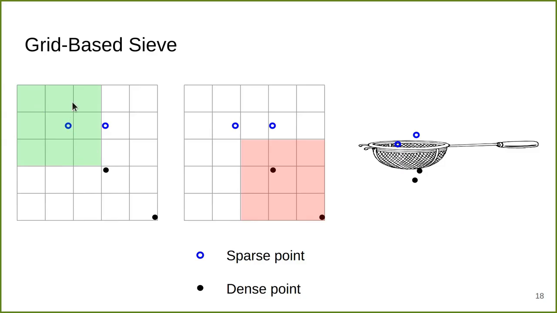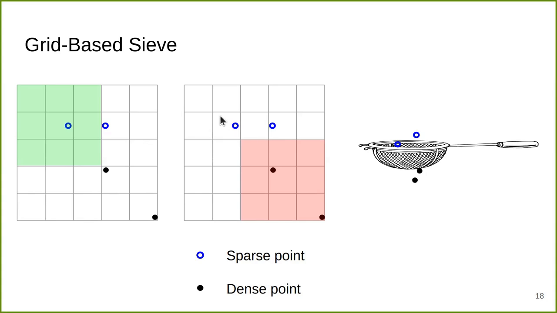If the entire neighborhood, including the box in the center, only contains the point itself, it is considered to be a sparse point. On the other hand, this point has someone else in its neighborhood, so it's not considered sparse, but dense. The sparse points are retained by the sieve, while the denser points get trickled down.